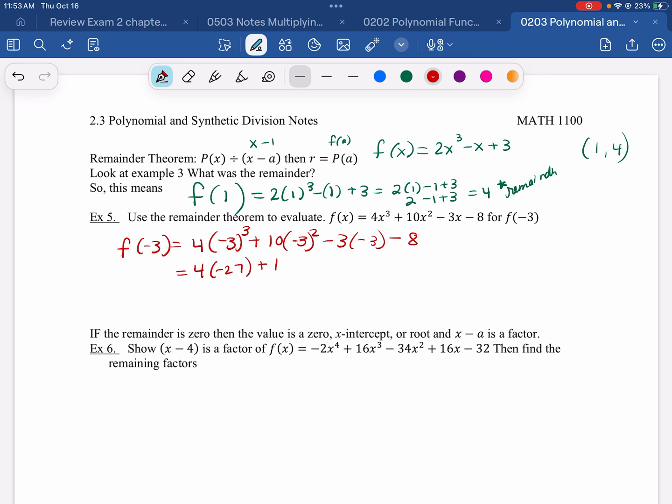Negative 3 squared is 9. Negative 3 times negative 3 is a positive 9 minus 8. All right. 4 times negative 27 is negative 108. 10 times 9, who doesn't love that? 90. I'm going to do 9 minus 8. That's 1.